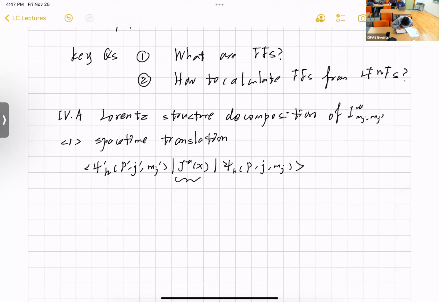What is this J^μ? Written explicitly, it is ψ-bar(x) γ^μ ψ(x). Doing a space-time translation, let us insert the identity, written differently. The P hat is the momentum operator.